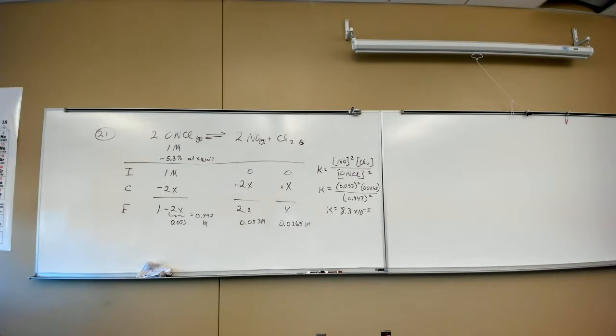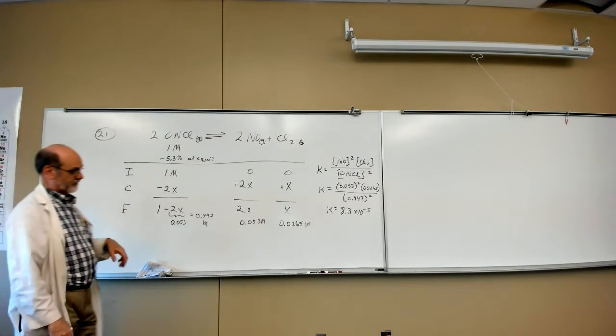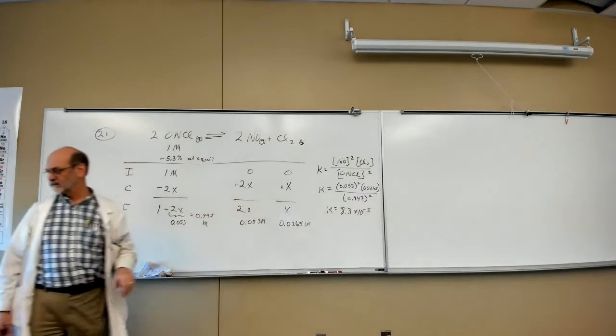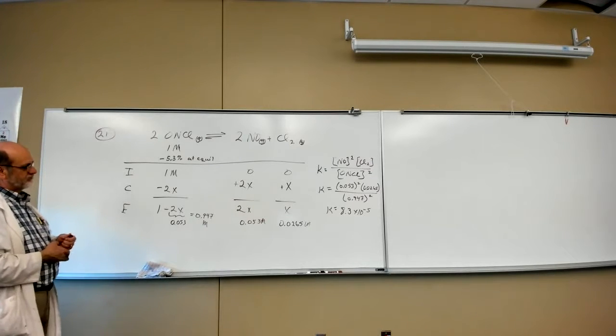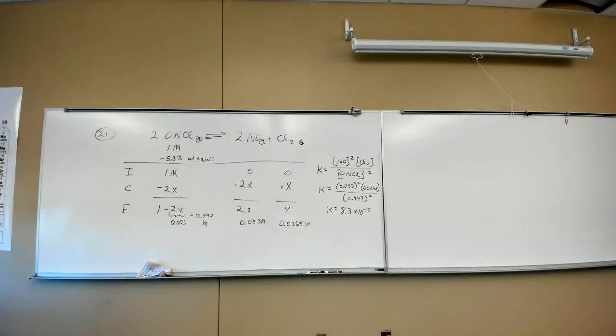That says 8.5. Actually, I like this way better than the way I have it in here. Which means if you look at the answers, the best answer is going to be whatever is 10 to the minus fifth.